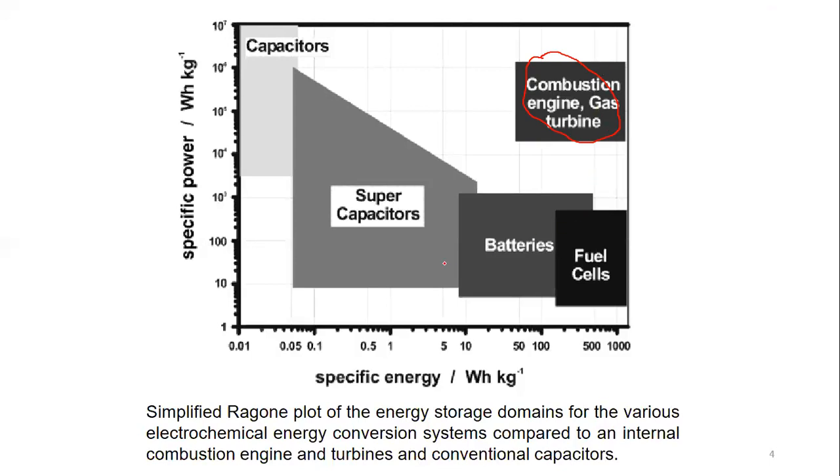Now, if you look at this figure, it's very easy to understand that on one side, the specific energy of the fuel cell is much higher than batteries and supercapacitor.